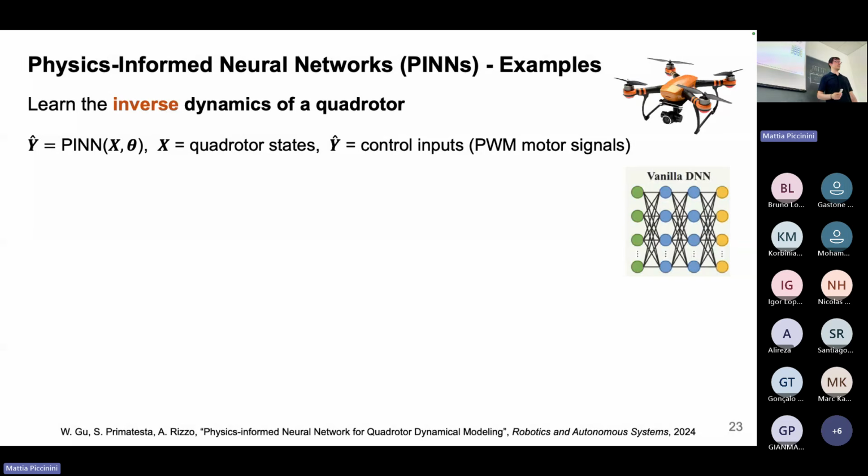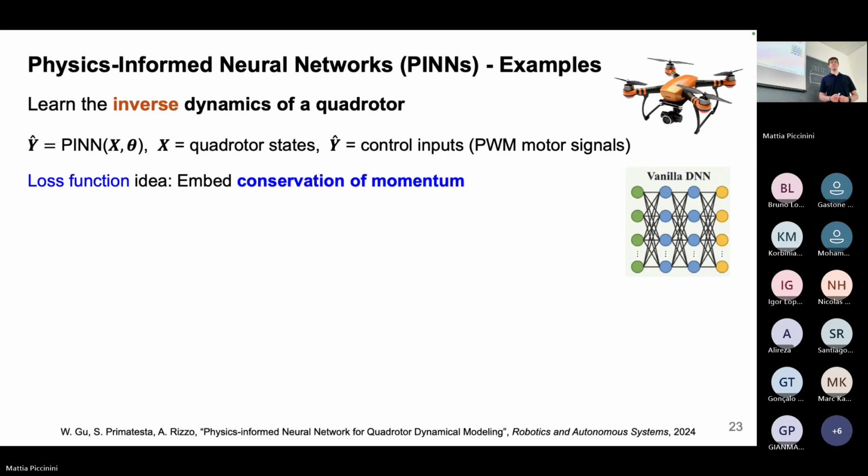But X is the quadrotor state, and Y hat is their control input, for example, in this case, the PWM command for their motors. And in the loss function, they didn't say they wanted to satisfy differential equations. They said we want to satisfy a different law, which is conservation of momentum.